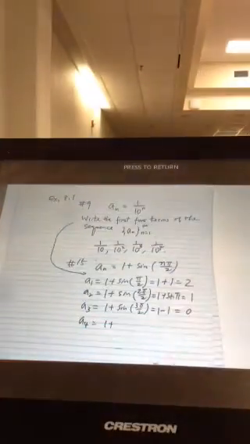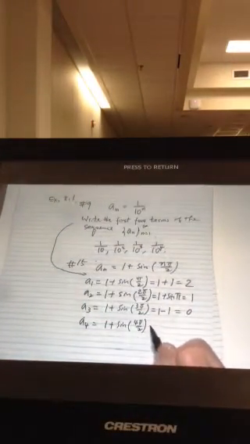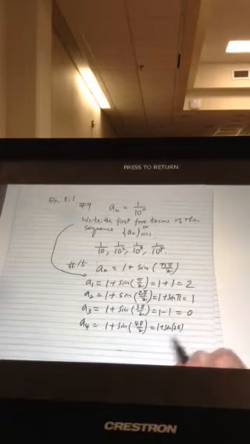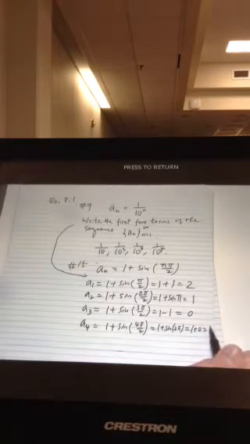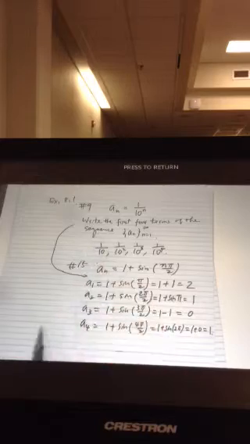But sine pi is 0, so it's 1. A sub 3 is 1 plus sine of 3 pi over 2. Sine of 3 pi over 2 is negative 1, so it's 0. And the fourth term is 1 plus sine of 4 pi over 2, so 1 plus sine of 2 pi. Sine 2 pi is 0, so this is 1. So 2, 1, 0, 1. That's the first 4 terms.